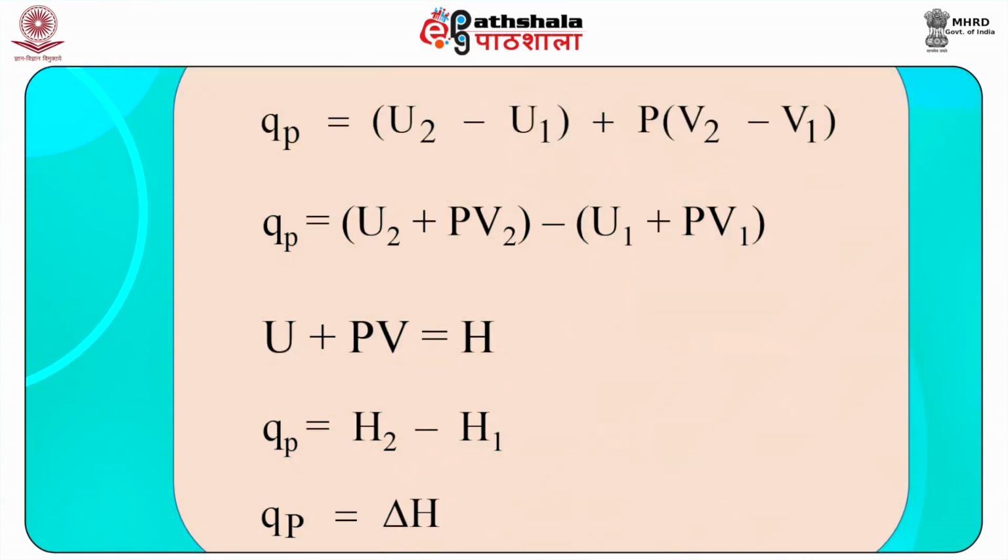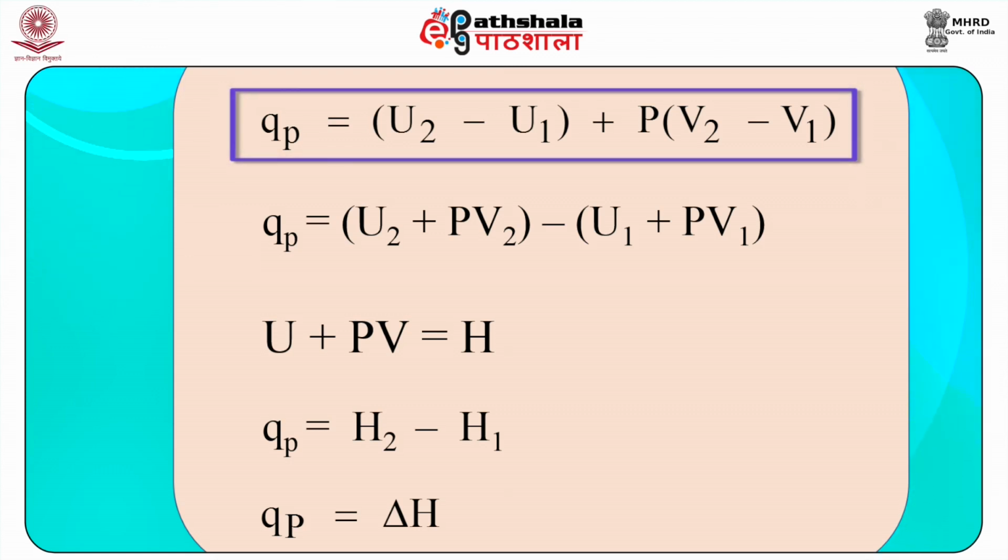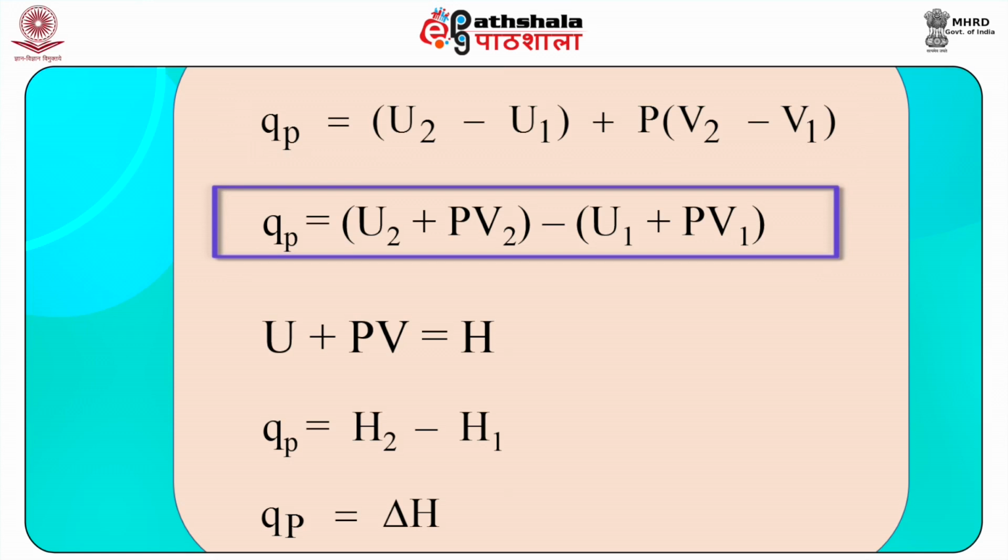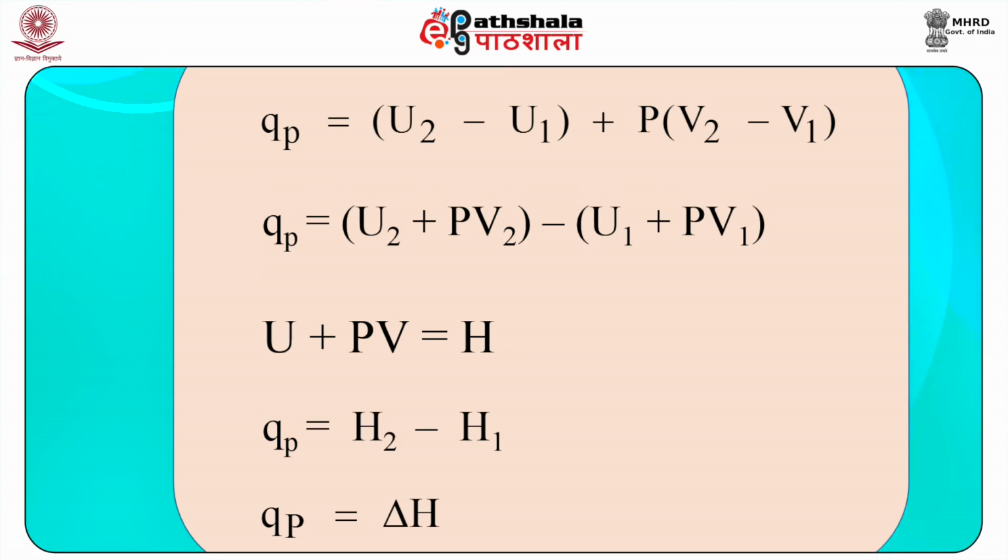Now the heat absorbed keeping the pressure of the system constant will be given by Qp = (U2 - U1) + P(V2 - V1), or we can write Qp = (U2 + PV2) - (U1 + PV1). In the equation, U denotes the internal energy, P is the pressure and V is the volume.